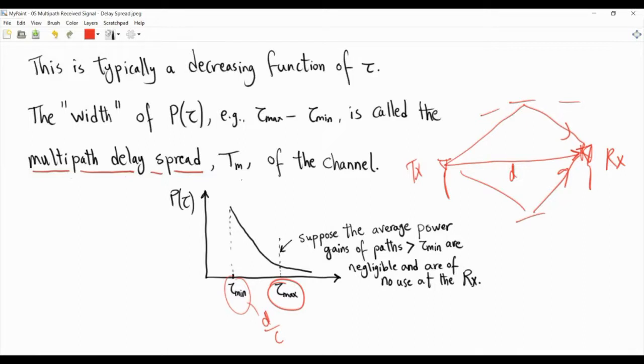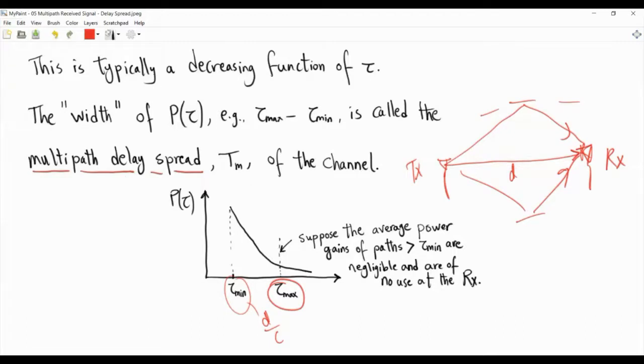So you get significant powers along several paths with certain delays between tau min and tau max, and the time difference between tau min and tau max is the multipath delay spread of the channel.